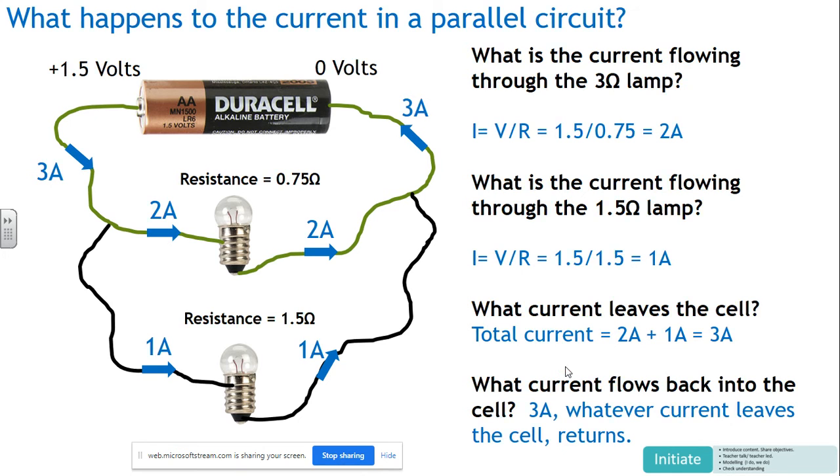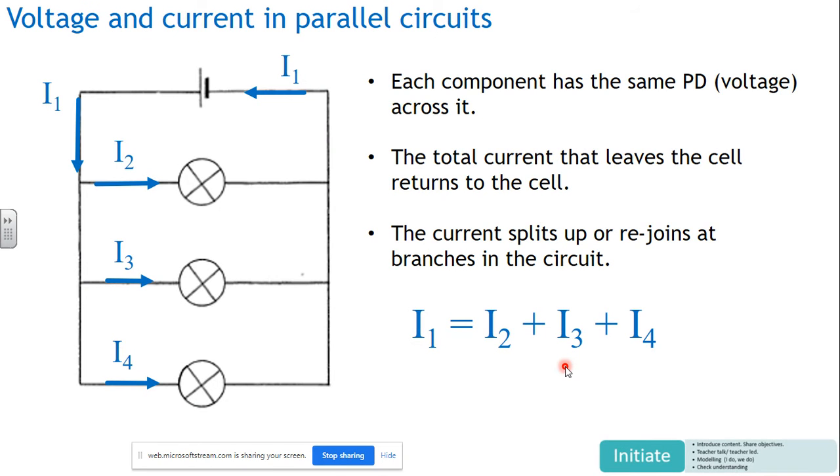Okay. So, in general, we can say this. I've replaced that picture there with 3 light bulbs. I've said that the current leaving this cell is called current 1 or I1, and then a current I2 flows down there, a current I3 flows down there, and so on.